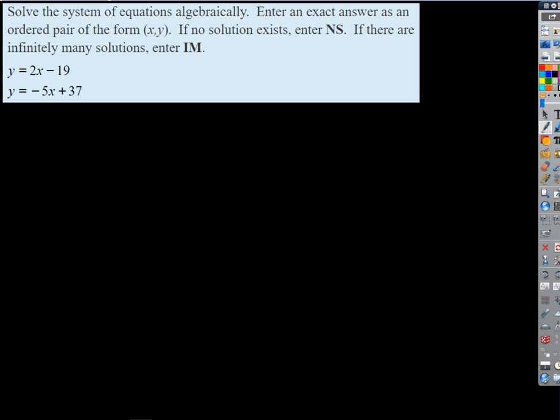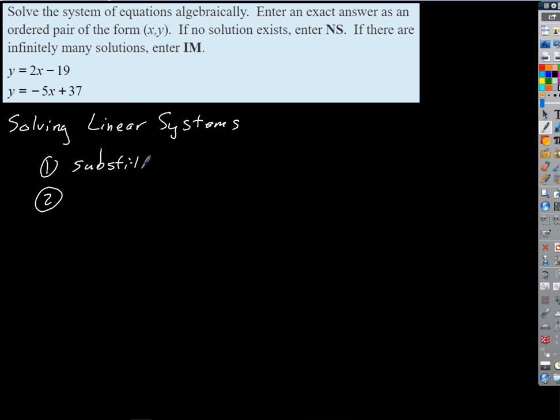So we're solving linear systems. Remember? To get you started. Substitution's one of them.